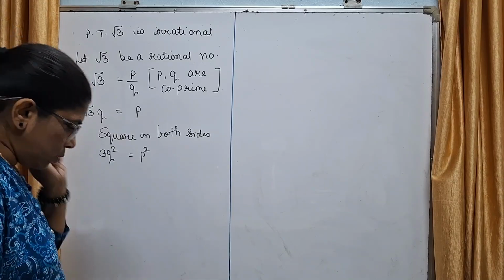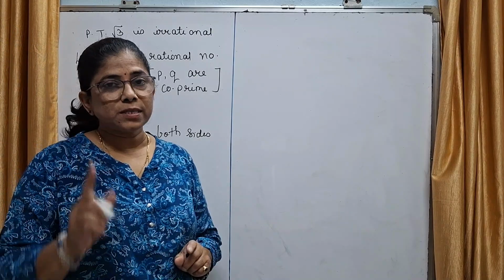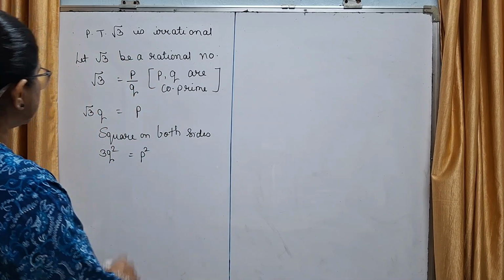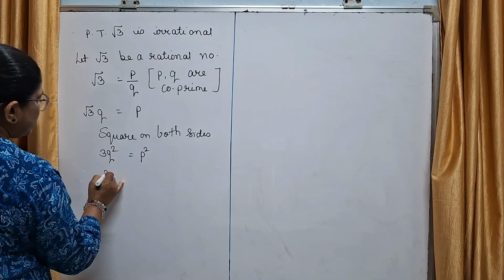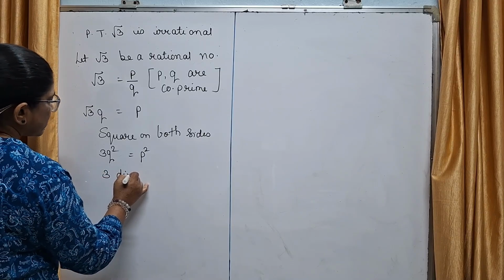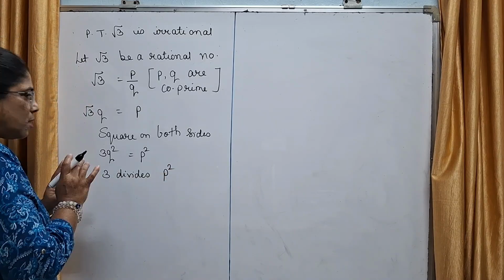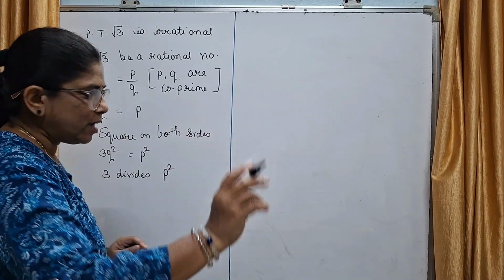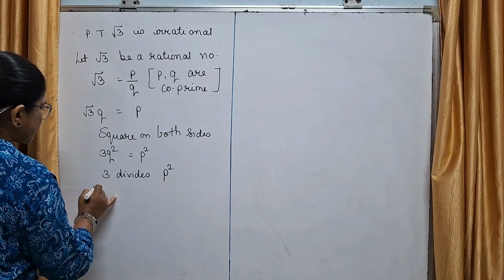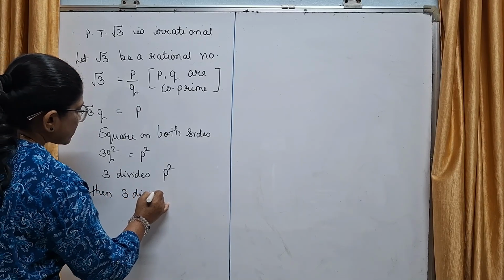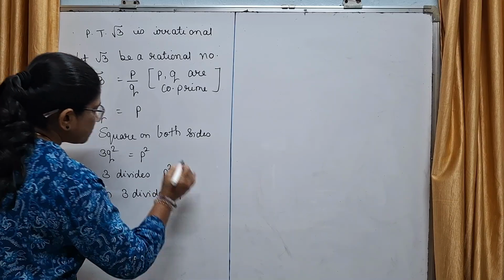Means 3 into something, we get P square. So what is the meaning of this? That 3 divides P square. Now if 3 divides P square, then 3 also divides P.